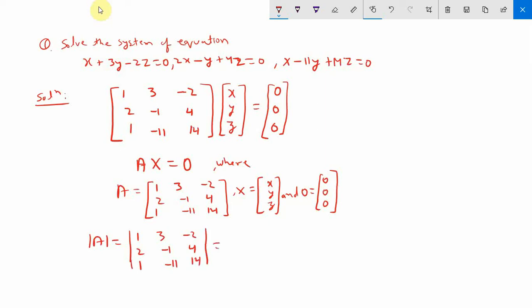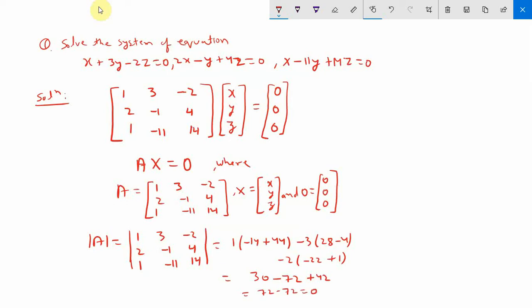So this is equal to 1 into minus 14 plus 44, then minus 3 into 28 minus 4, minus 2 into minus 22 plus 1. So it will be 30 minus 72 minus 21 into minus 2, so 42, equal to 72 minus 72, which will be equal to 0.